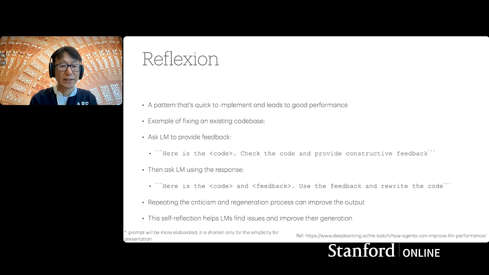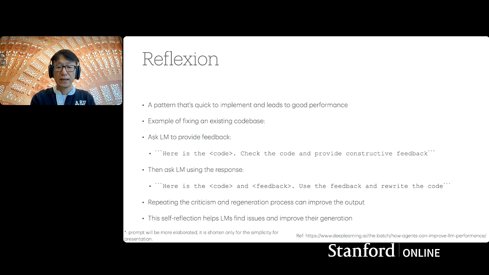Reflection is a pattern that's quick to implement and leads to good performance. Let's use a concrete example here. If you want to refactor programming code, instead of asking the model to improve it right away, you do this pattern. As in this example, you ask the model, here's the code, check the code and provide constructive feedback.